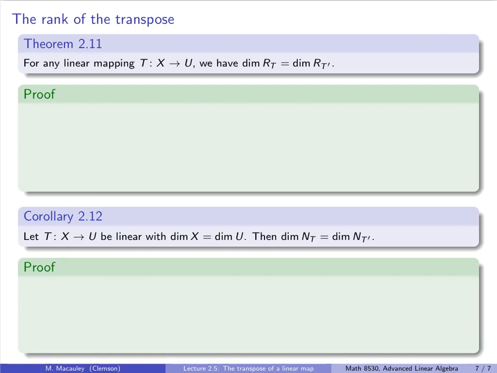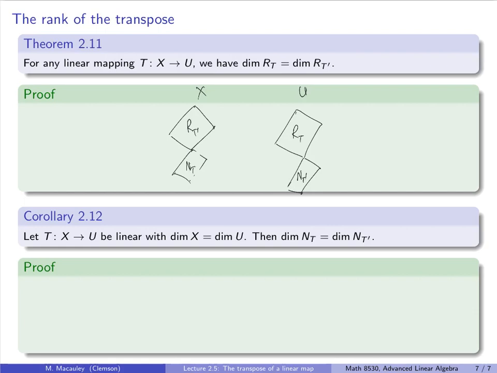A corollary of this is that if we have a linear map T and X and U have the same dimensions, then the null spaces have the same dimensions as well. So the four subspace picture of that is that if this is X and this is U, then remember this is the range of T, this is the left null space, this is the range of the transpose, and this is the null space.